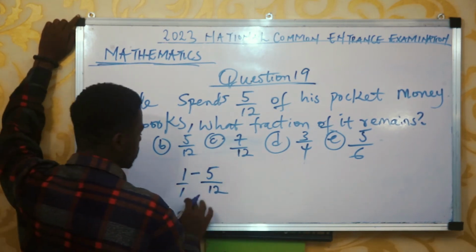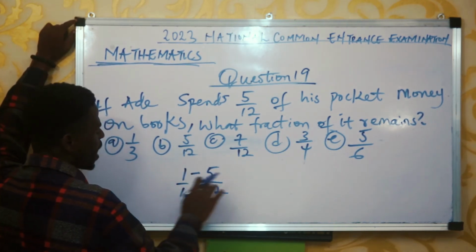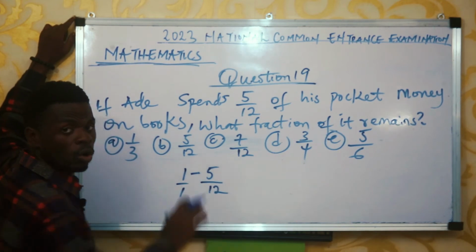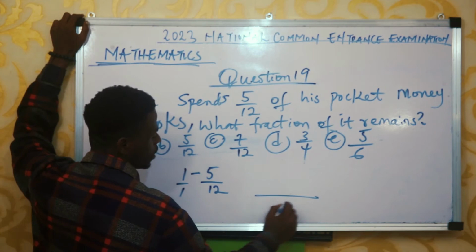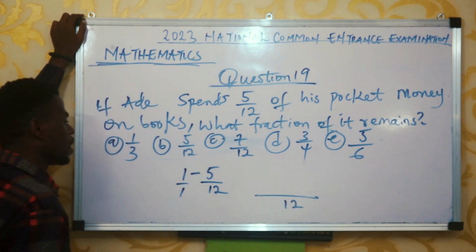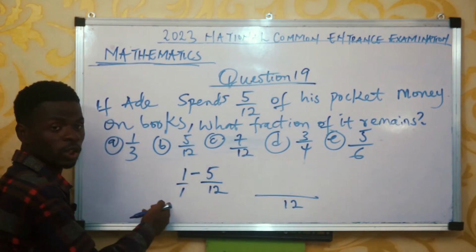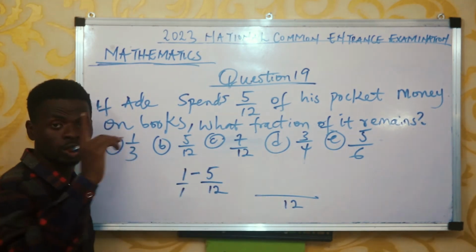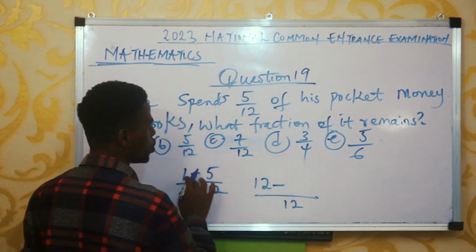So in this place now, don't forget, we are going to find the LCM. Don't forget that 1 is a factor of 12. Take note of that. So we are going to put our LCM, 12, here. For the first fraction, 1 in 12 is 12. Now 12 times 1 gives us 12. We put a subtraction sign there.